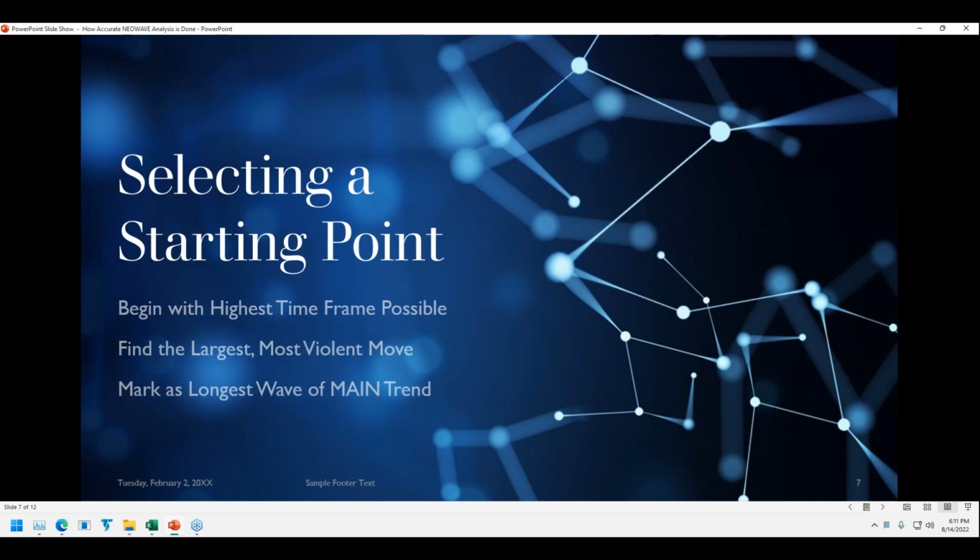So either it'll be wave 1 of a first wave extension, which means wave 1's the longest in a 5-wave move, or wave 3 of a third wave extension, so wave 3 is the longest of a 5-wave move, or wave 5 of a 5th wave extension, where wave 5 is the longest, or it's going to be wave A of a zigzag, where wave A is the longest, or wave A of a contracting triangle, where wave A is the longest, or it could be wave C, where C is the longest, what's called a neutral triangle, or wave E, where wave E is the longest in an expanding triangle.